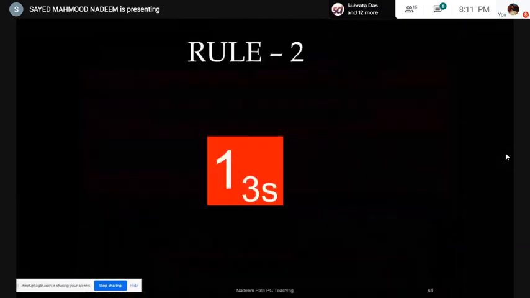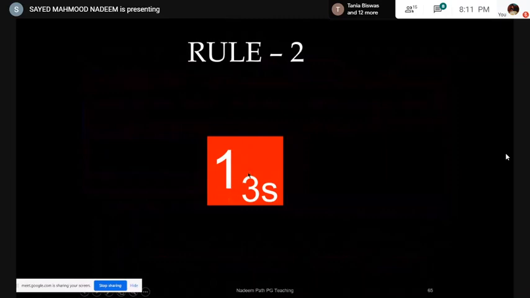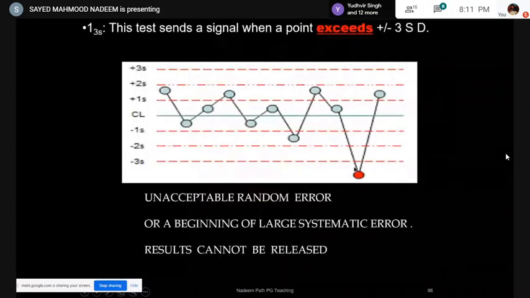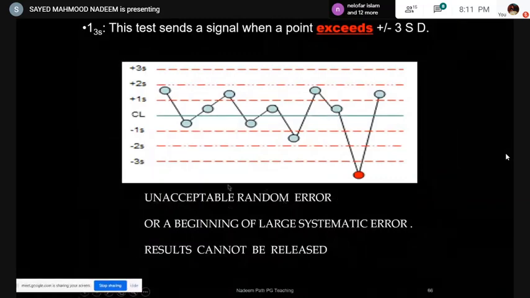Second rule, 1-3S, meaning 1 point is beyond 3 standard deviations. You can see here 1 point has crossed the 3 standard deviation. This is an unacceptable error.